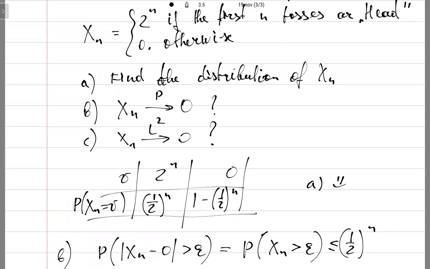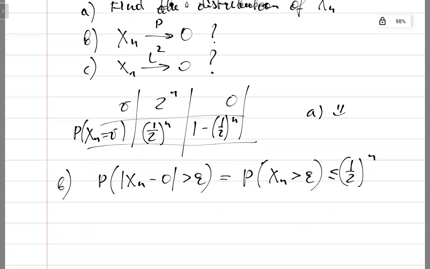If the first n tosses are heads, it happens with probability 1 over 2 to the power n. That's okay? And this tends to 0. So X_n converges to 0 in probability.